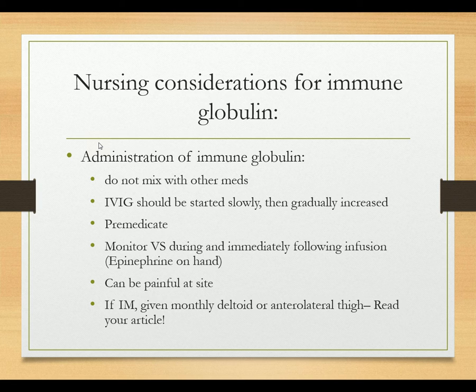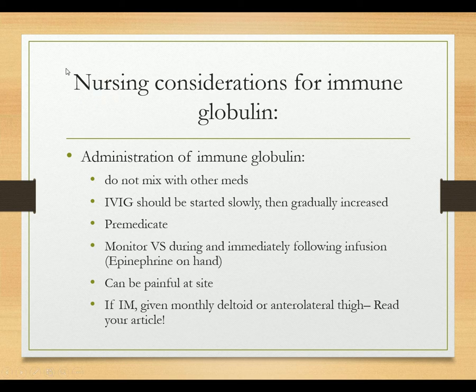Because if you give an infusion of immune globulin, then you go in and give live vaccines, that immune globulin is going to start developing antibodies to that vaccine and not helping you with other infections. So you're almost going to distract it, so to say. So never, ever do you administer live vaccines within 3 months of immune globulin.